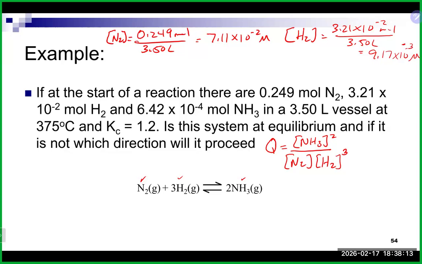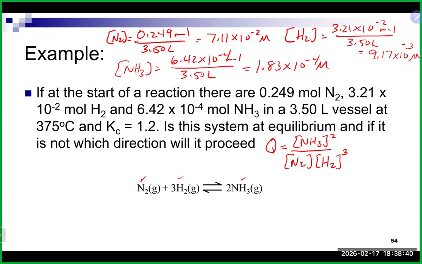And lastly here, our NH3, going to go 6.42 times 10 to the minus 4 moles divided by 3.50 liters. 6.42 times 10 to the minus 4 divided by 3.5 is going to get us 1.83 times 10 to the minus 4 molar.